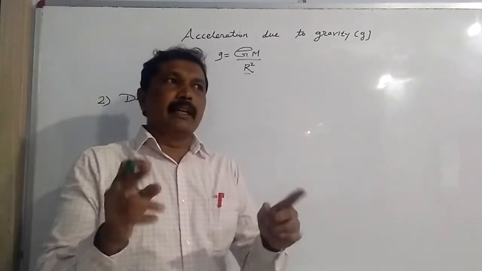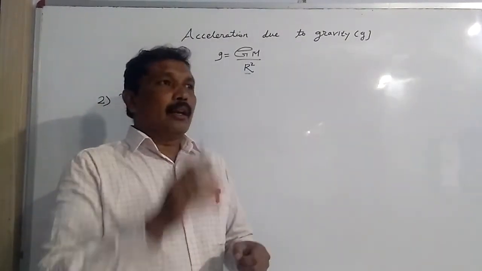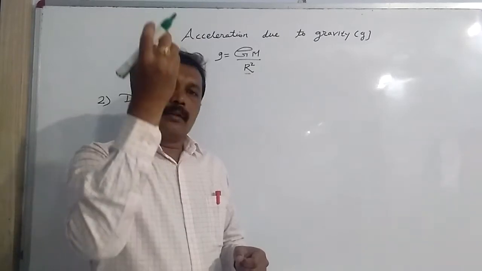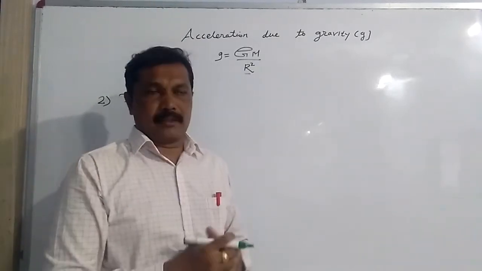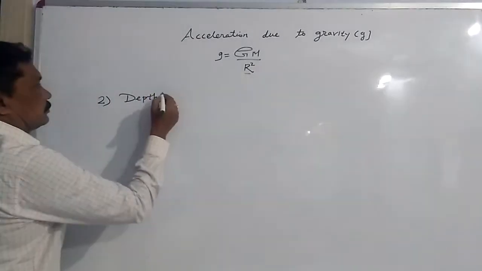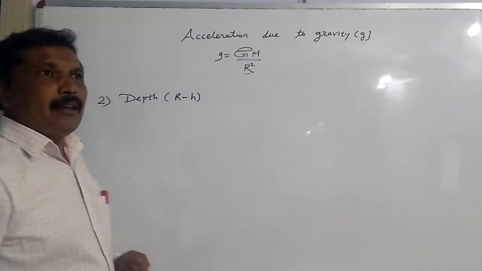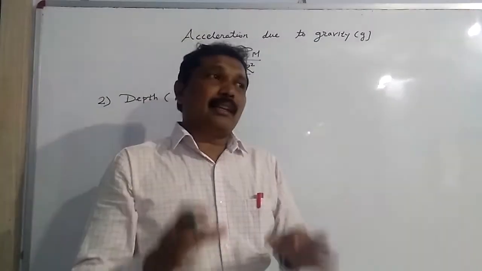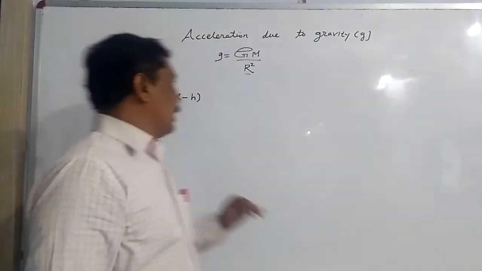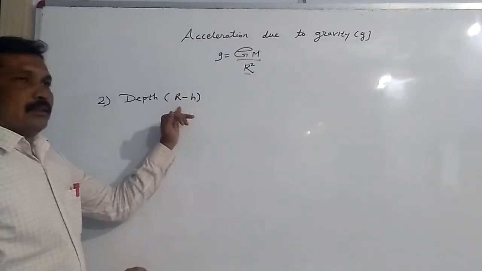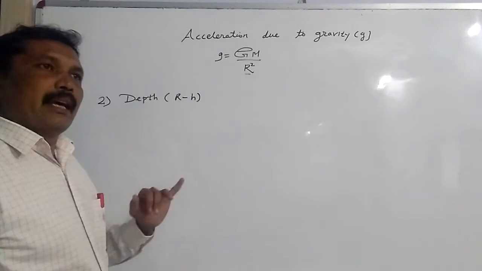Depth means if the radius is reduced, or if we take the body under the earth crust. So what happens if we take the body under the earth crust? R will go on decreasing, and therefore we can write depth as R minus h.